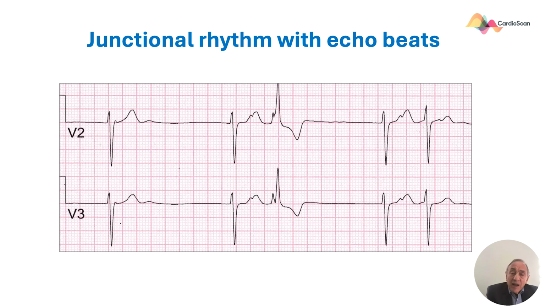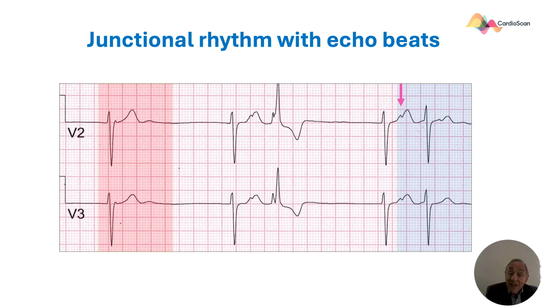Another area where aberrant ventricular conduction occurs and can be confusing is with echo beats. Echo beats classically occur with junctional rhythm. So to the left, we can see a classical junctional beat. To the right, we can see a pink arrow showing retrograde conduction.